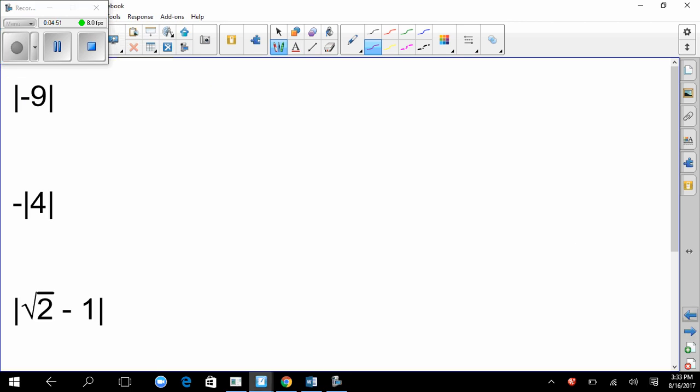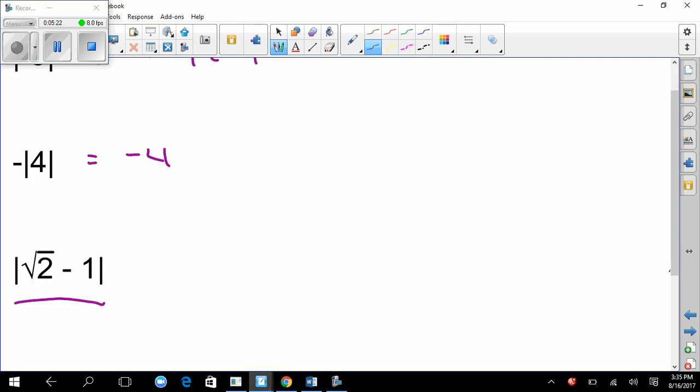For example, the absolute value of -9 would be -(-9), or 9. This one, your 4 is in the absolute value, so it's just 4. That's bigger than 0. So this would be negative 4. This one down here is where the issue always comes into play. We want an exact answer, so that's why we leave it as square root of 2.